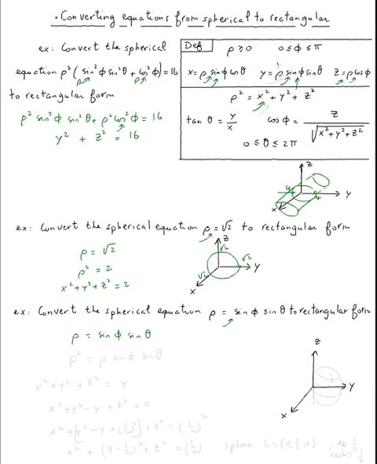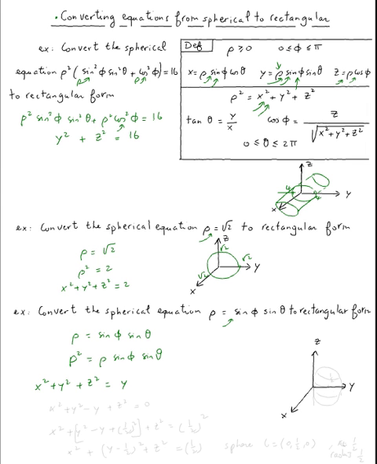All I'm missing is rho. So I'm going to multiply both sides by rho. If you multiply the left by rho, you get rho squared, and on the right, rho sine phi sine theta. Now rho squared is x squared plus y squared plus z squared, and on the right side, I'm just getting a y.